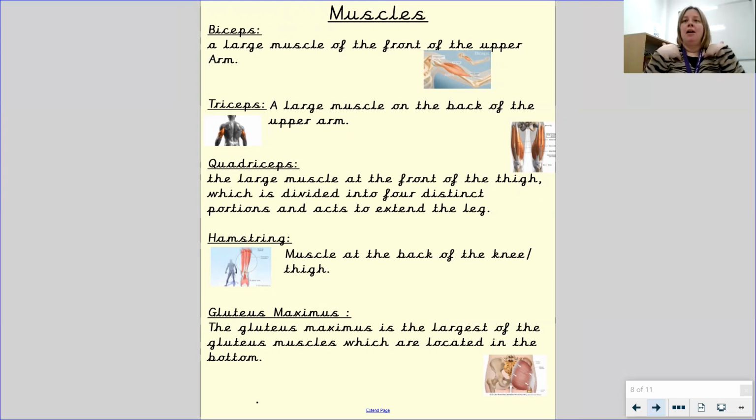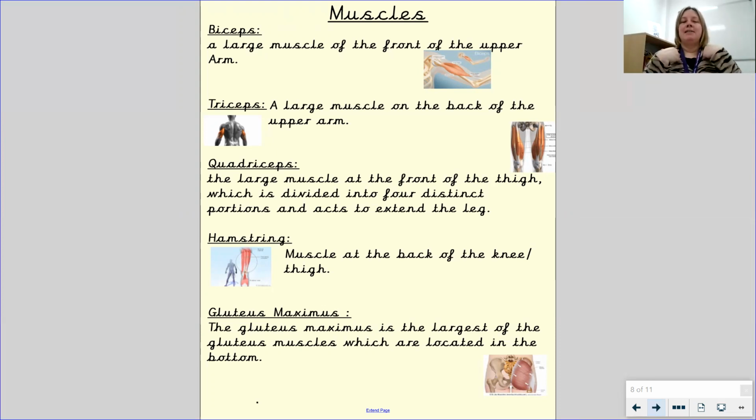Quadriceps. The large muscle at the front of the thigh, which is divided into 4 distinct portions and acts to extend the leg. Hamstring. Hamstring is the muscle at the back of your knee or thigh.